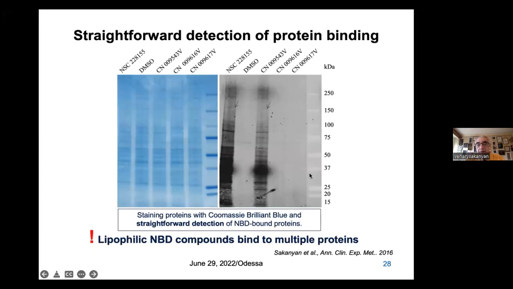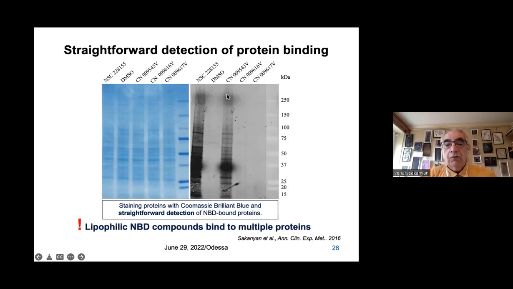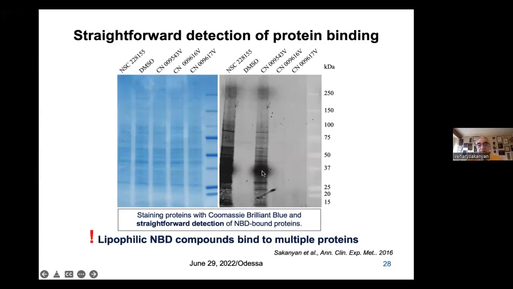There is no detection of proteins during the action of non-lipophilic molecules. Different proteins, from 15 kilodaltons to about 400 kilodaltons, appear during the action of these lipophilic MBD compounds. The intensity of binding is different: some are very strongly bound, and some are weaker. We probably have 100 or even 200 proteins which have been bound to the MBD compound.